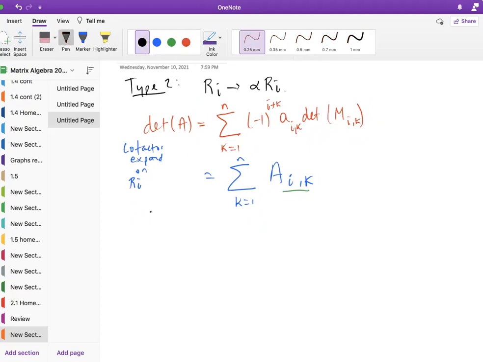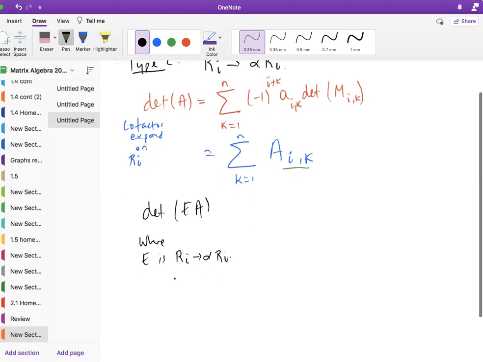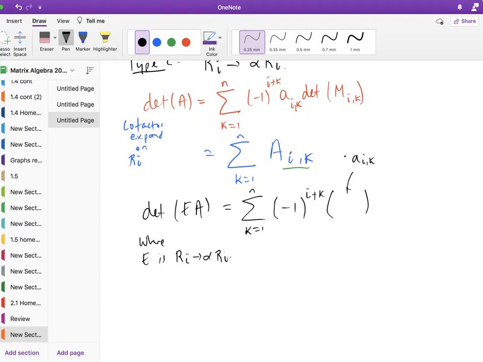All right, so let's compare that with the determinant of EA, where E is this type 2, row I to alpha row I. We'll have the same thing, (-1) to the I plus K. Now in the A_IK component, we're multiplying by alpha, and we're multiplying on row I, so every term in row I is multiplied by alpha.